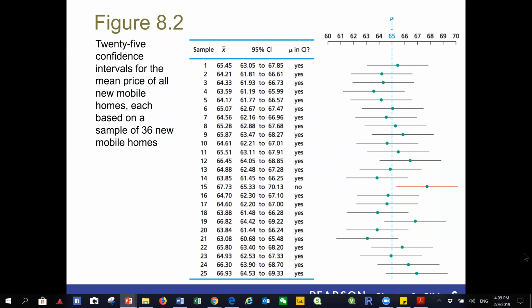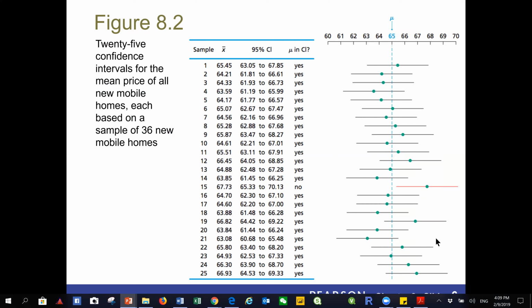This example shows us what, for example, a 95% confidence interval means. Here there are 25 samples. So let's say 20. 20 multiplied by 95% is 19.